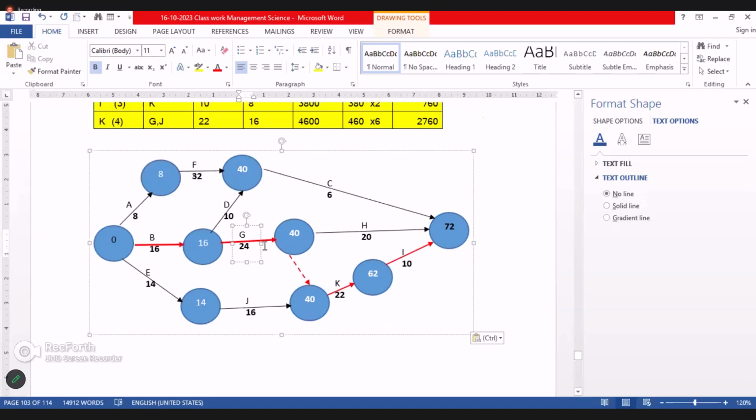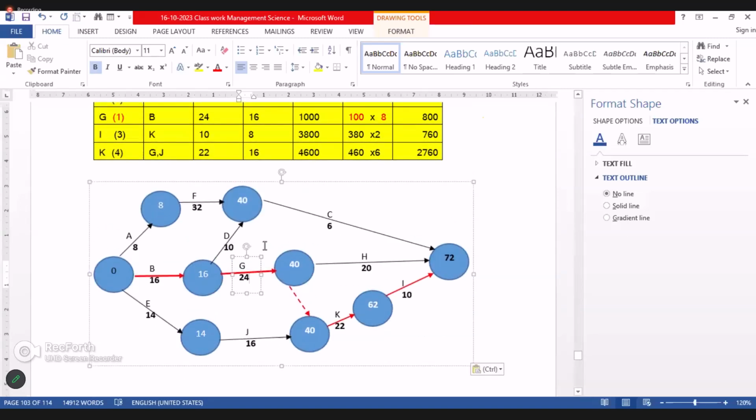What will happen if you reduce G by 8 days?